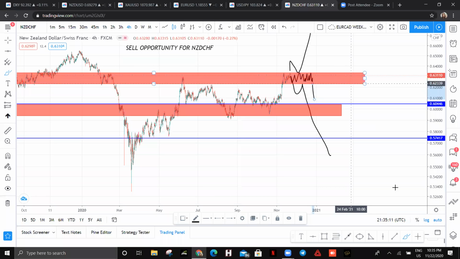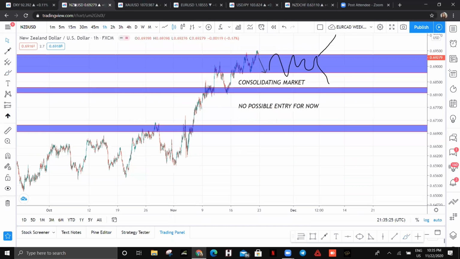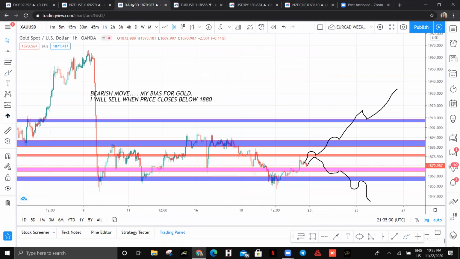Any question, please type on the chat box so we can answer. I think we've taken so much time. This is about 10:35. So if there's any question, please type on the chat box. So for NZDUSD, it is consolidating, no entry here. Gold, I'm looking to sell.